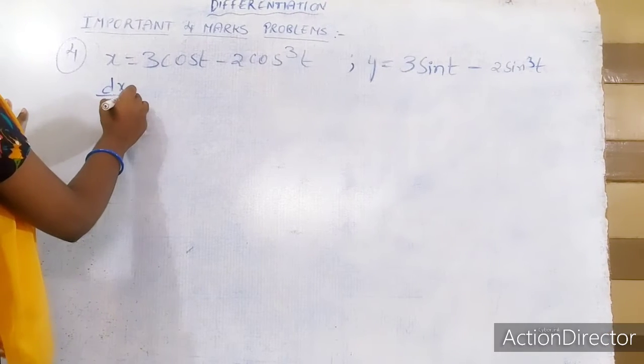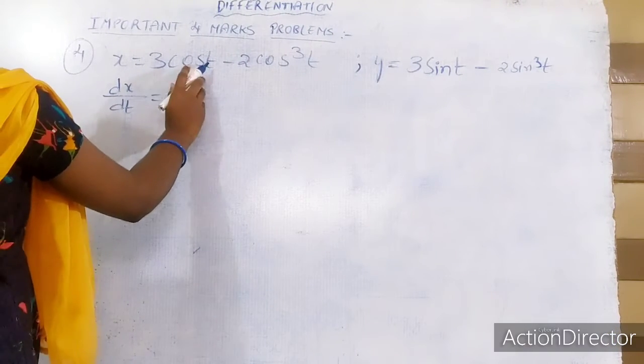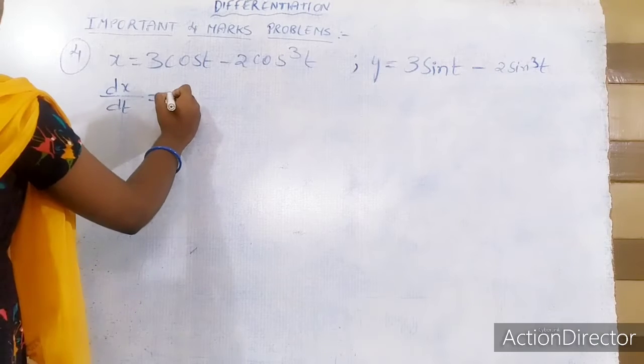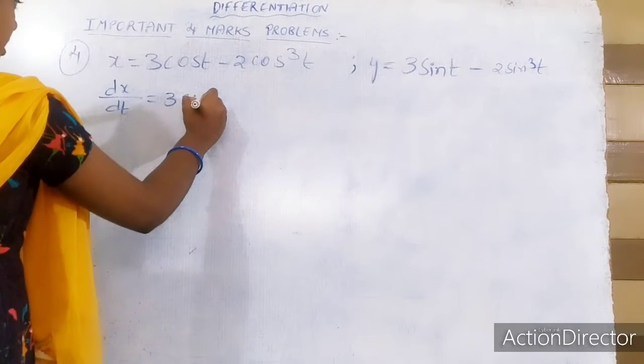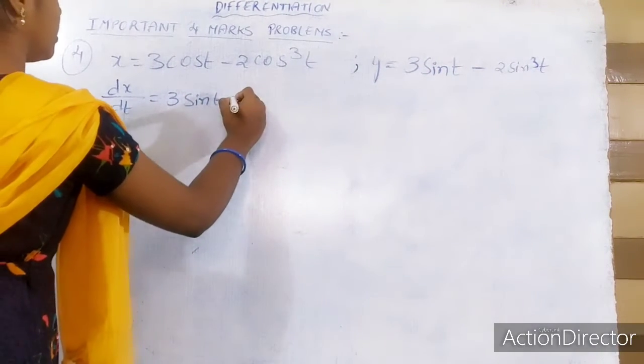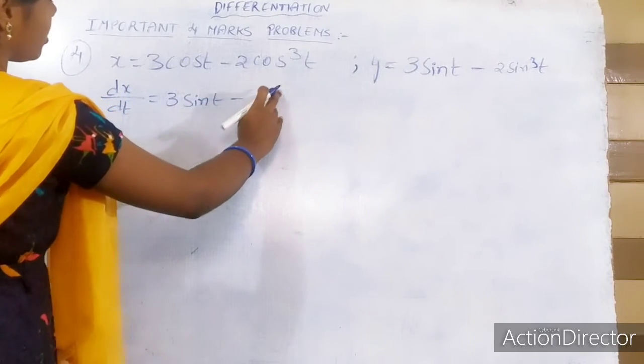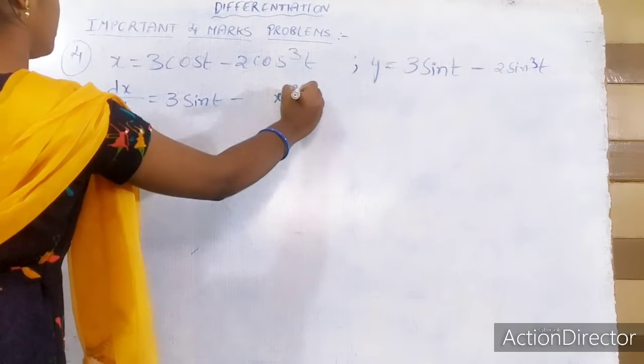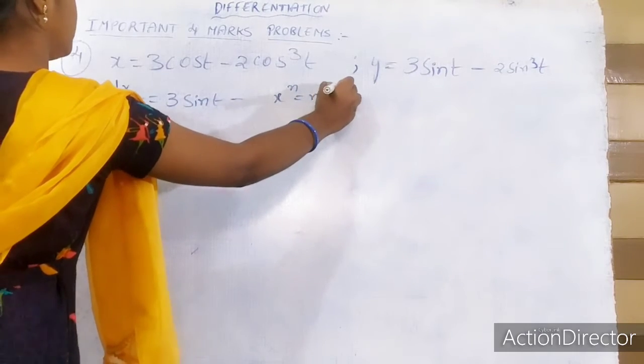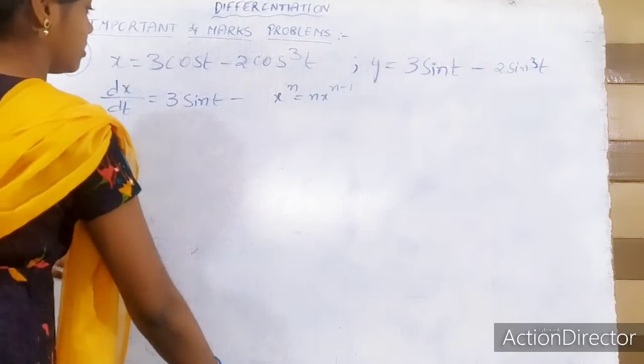So dx by dt is equal to 3 times the derivative of cos t, which gives minus sin t, so 3 sin t, minus the derivative of 2 cos cube t. It is of the form x to the power of n, and the derivative of x to the power of n is n x to the power of n minus 1.